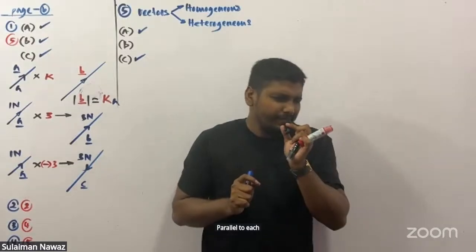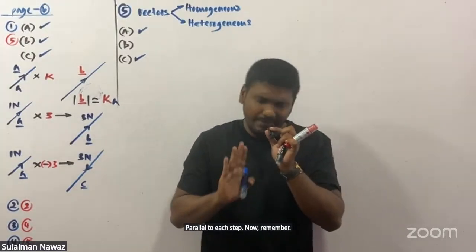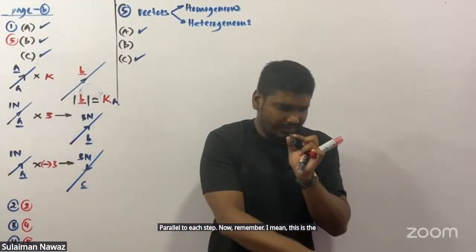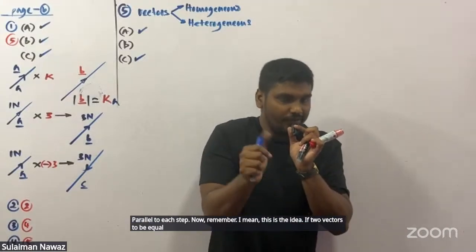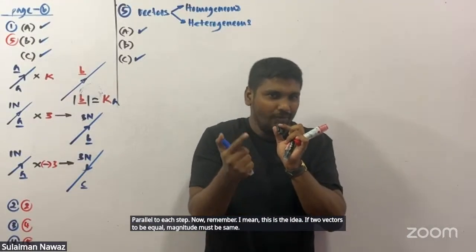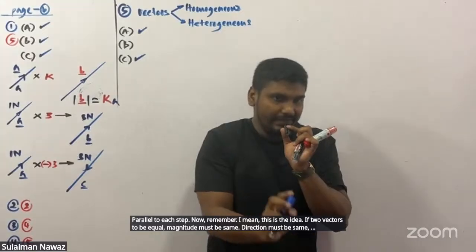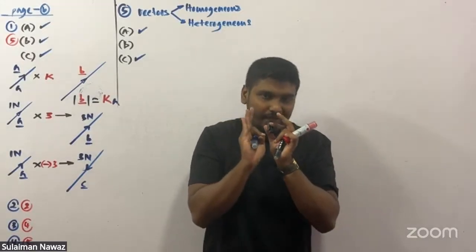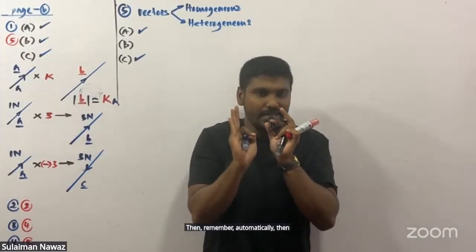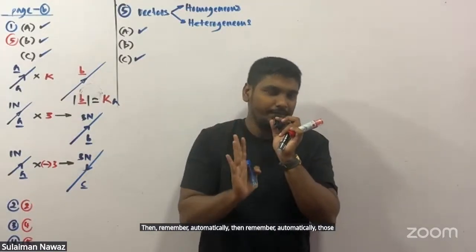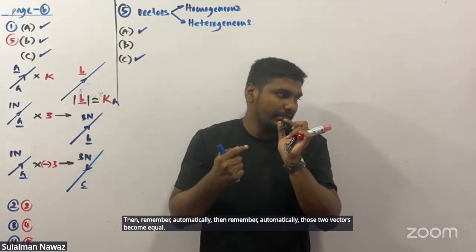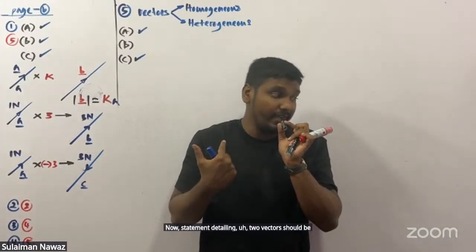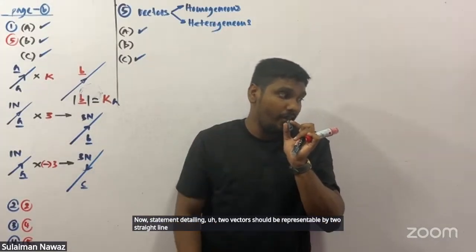Now remember, this is the idea. If two vectors are to be equal, magnitude must be the same, direction must be the same, and they must be homogeneous. Then automatically those two vectors become equal. Now statement B says two vectors should be representable by two straight line segments parallel to each other.